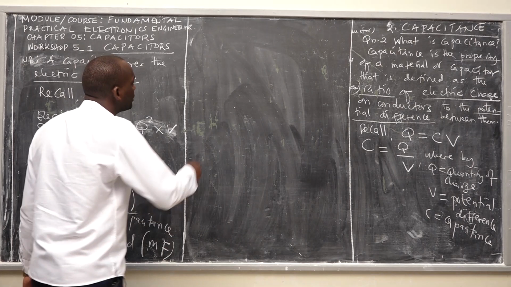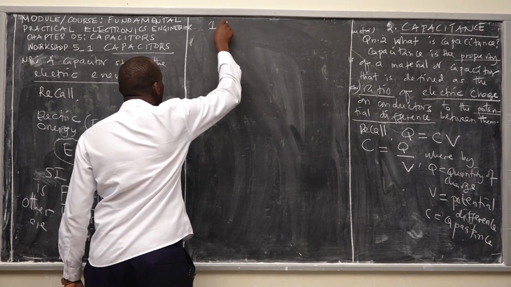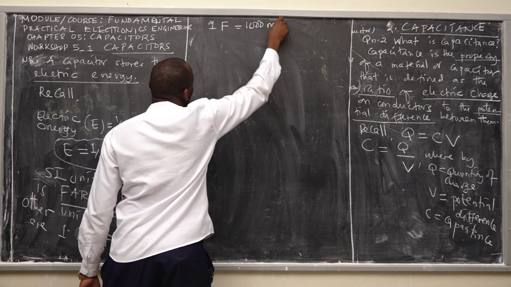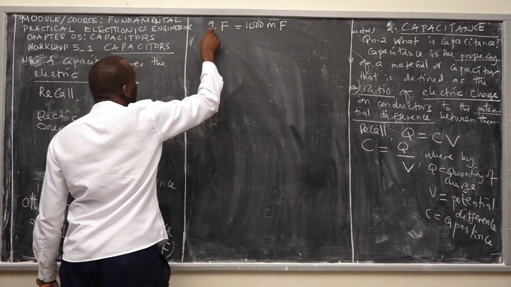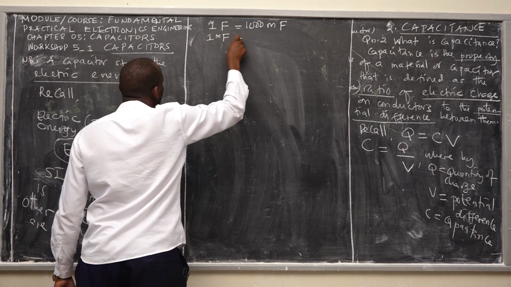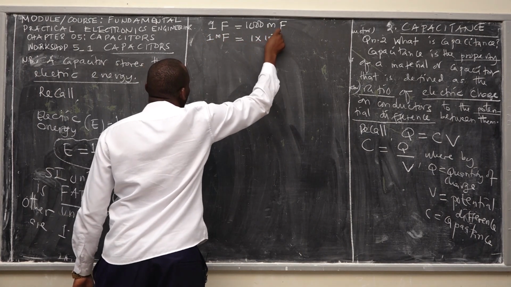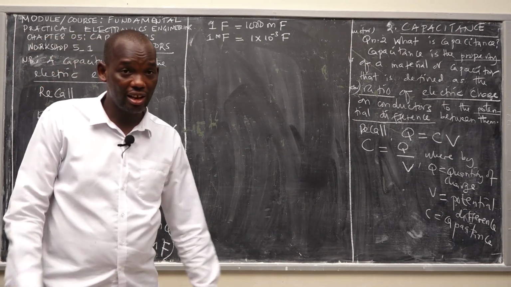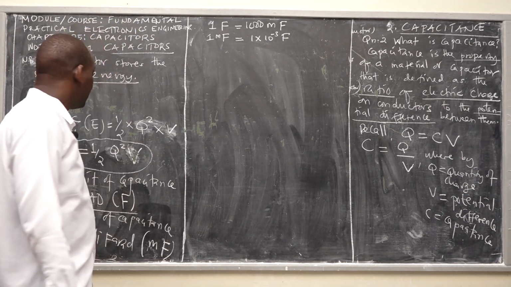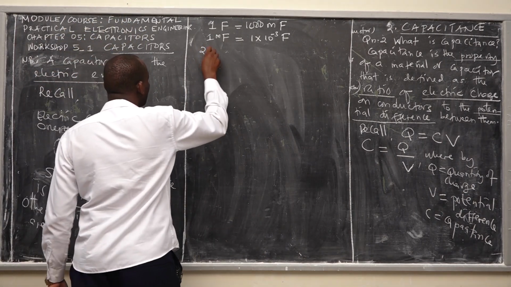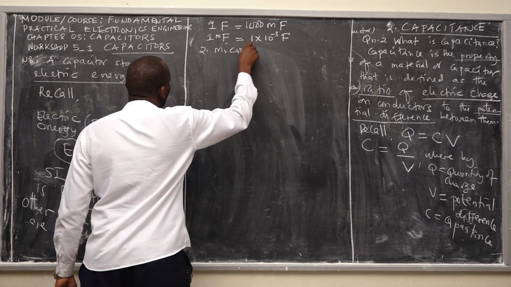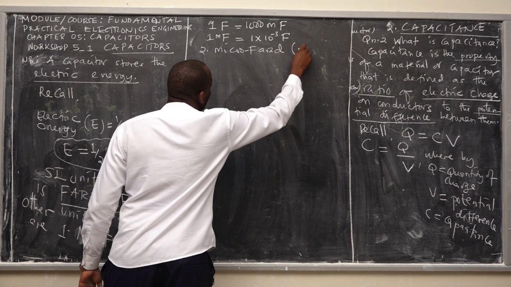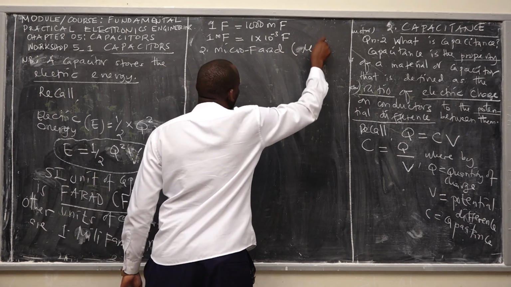Millifarad. Remember that 1 farad is equal to 1,000 millifarad, and 1 millifarad is equal to 10 exponent negative 3 farad. Let us remind ourselves and avoid any contradiction. Then the second unit is called the microfarad. In short, this is the notation.